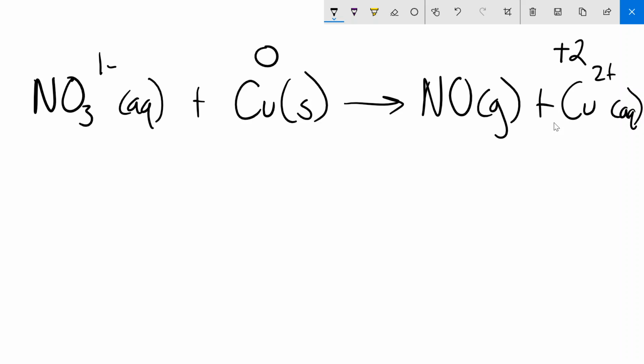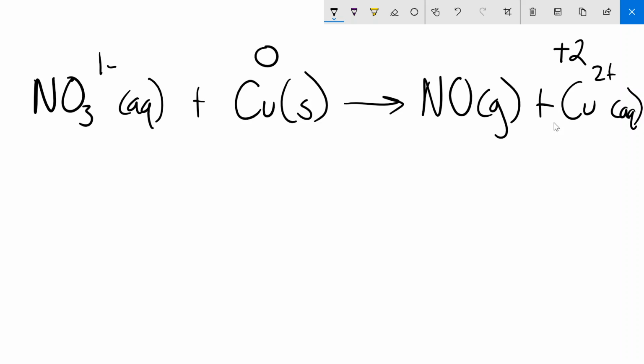Next, let's deal with oxygen. Oxygen, we know, can be a little bit tricky sometimes, but typically it forms a -2 oxidation state, and it only changes when it's attached to fluorine or it's in a peroxide.